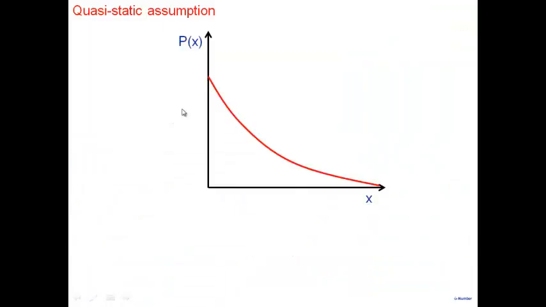What is this quasi-static assumption? If you recall, under the static case, what did we say? Hole density in a P plus N junction goes like this, right? Now we are saying under the transient case also, the behavior remains the same, but as the voltage across the diode drops from 0.7 to 0.69, 0.68 and all that, what happens? Well, the shape remains the same, it just comes like this here. The shape remains the same, it comes here. And the shape remains the same, it goes like that.